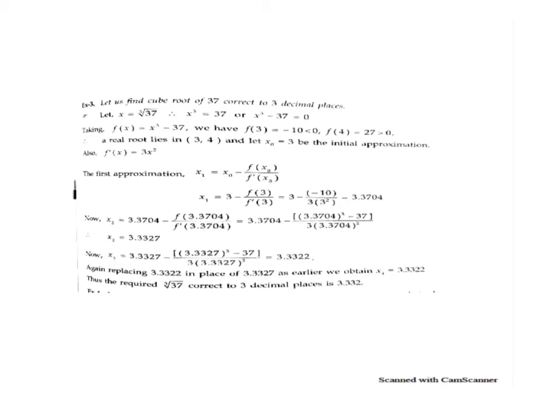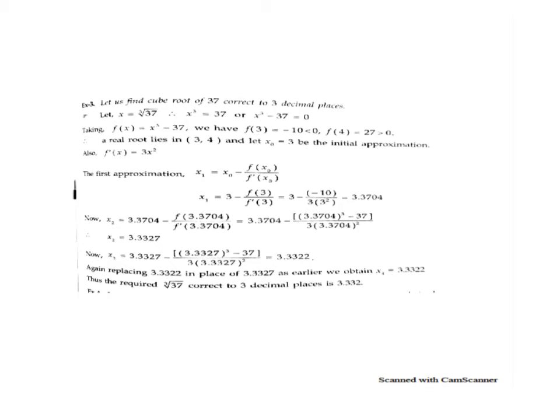We have already calculated f of x naught, that is f of 3 equals minus 10, and then we have to calculate f dash of 3. So put the value of x as 3 in f dash of x.